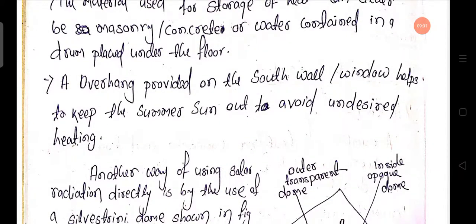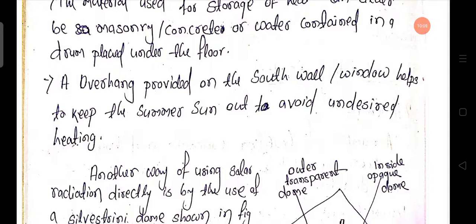And one thing, an overhang provided on the south wall or window helps to keep the summer sun out to avoid undesirable heat. That means there are overhead curtains, or curtains means the screen, on the wall or the window or the door, from where the sun radiation comes through, to prevent overheating.